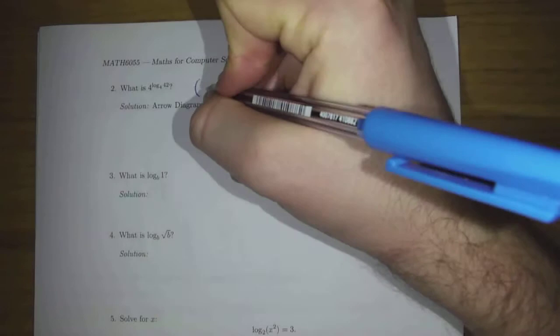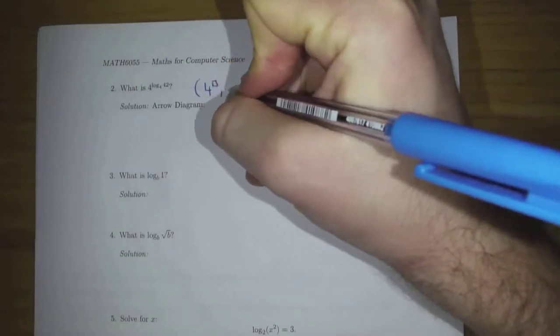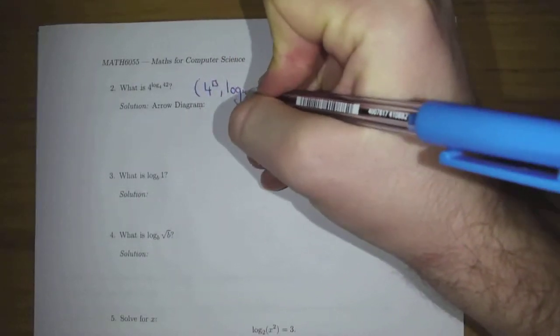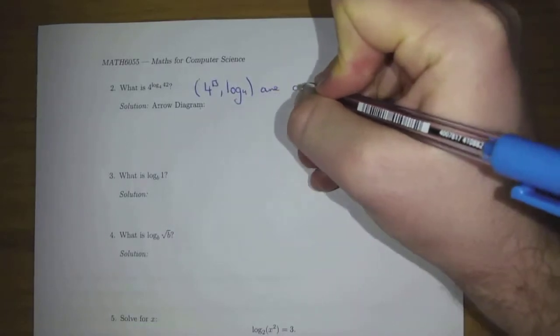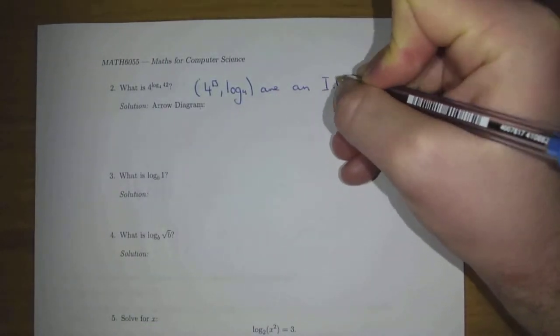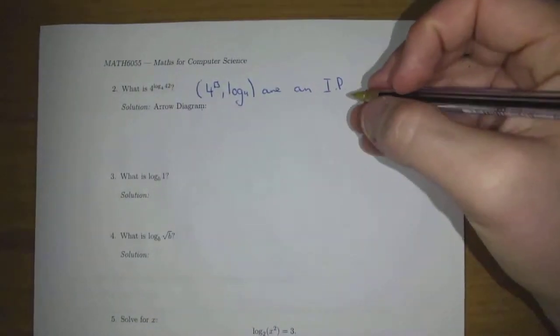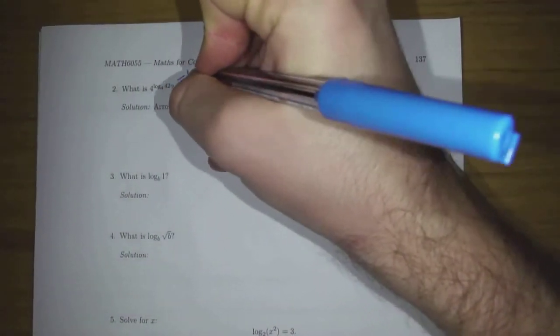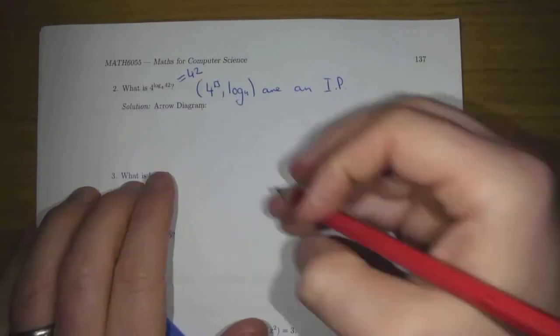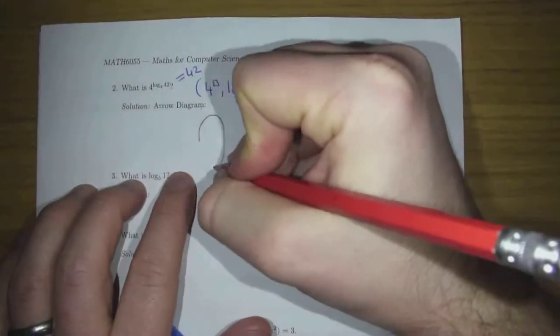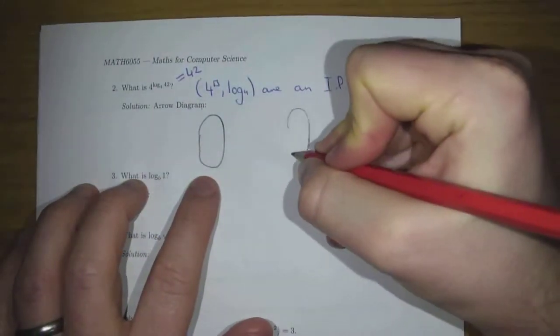Similar story here. 4 to the power and log base 4 are an inverse pair. So if you start with 42 and you do log base 4, 4 to the power gets rid of it. So this is just equal to 42. Again, we can draw it with an arrow diagram. This time the first blob is the positive reals.